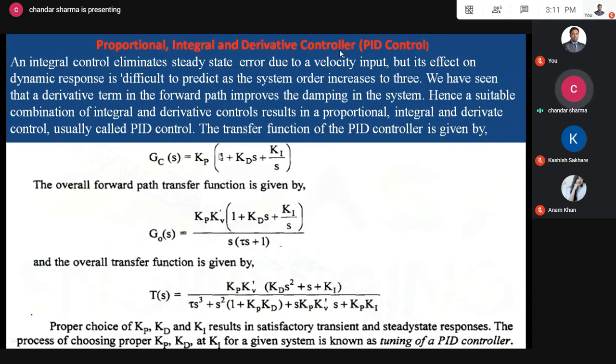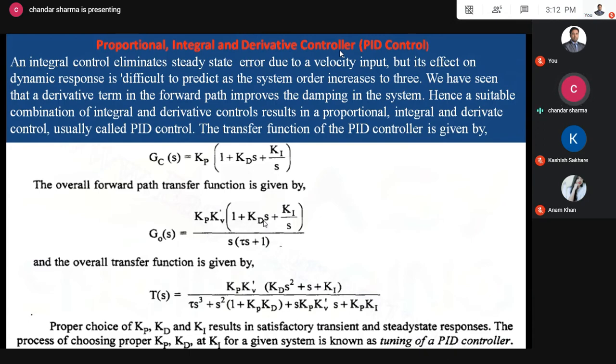So this is proportional, this is PD, this is PI. By proper choice of Kp, Kd and Ki we get satisfactory transient and steady state responses. The process of choosing proper Kp, Kd and Ki for a given system is known as tuning of a PID controller.